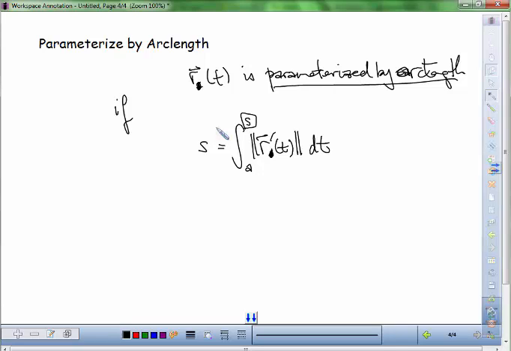Okay? And then in terms of notation, a lot of times they just write this when R is parameterized by arc length.